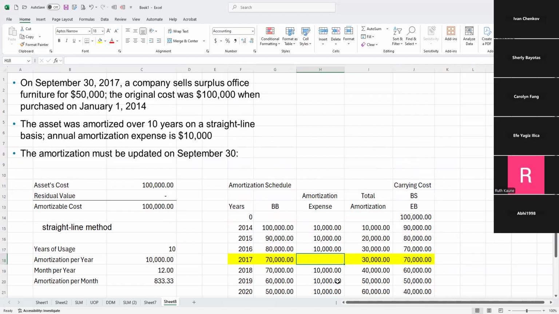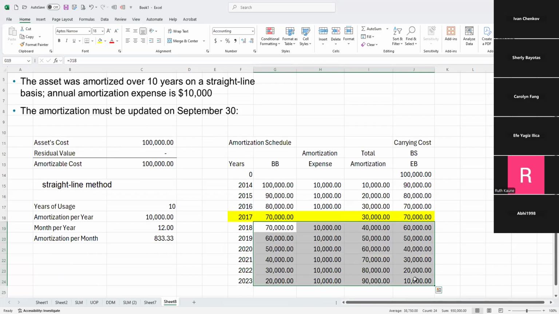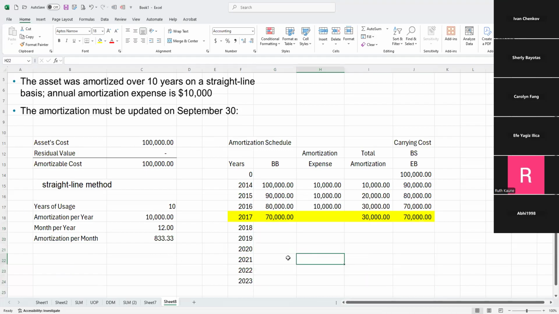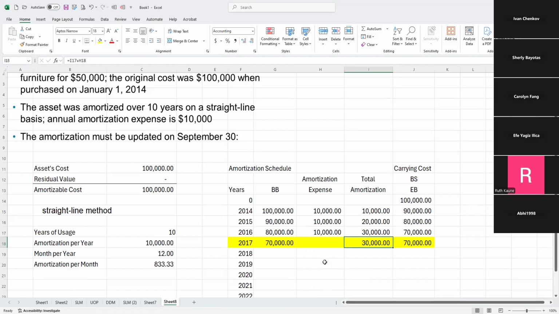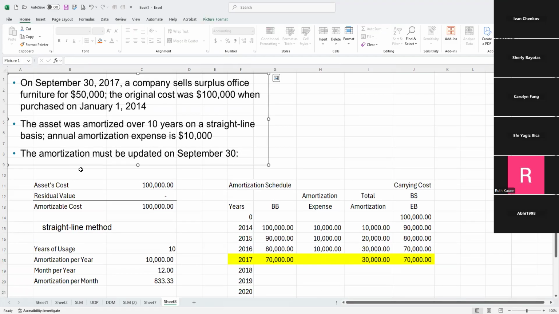So this one is incorrect. Since that's where we stop, all this information below is irrelevant. Up to this point, we have a carrying value of the asset at $70,000. Accumulated amortization up to this point is $30,000. That's what we want. Now, did we use the asset in 2017?